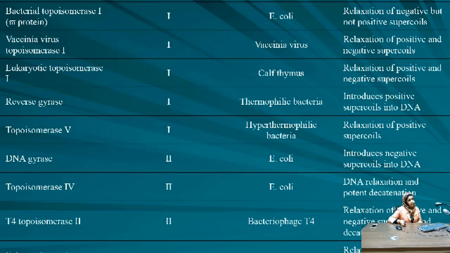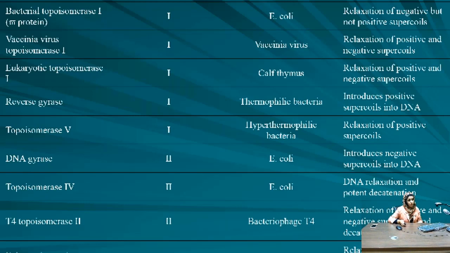The eukaryotic topoisomerase from the calf thymus plays a role in the relaxation of positive and negative supercoils. Reverse gyrase from the thermophilic bacterium introduces positive supercoils into DNA. Topoisomerase V from hyperthermophilic bacteria relaxes positive supercoils.